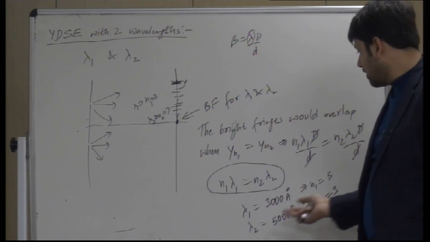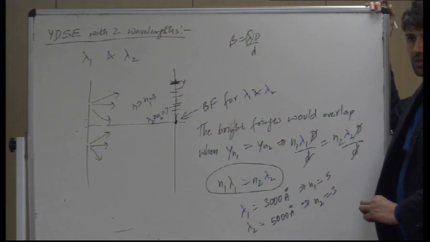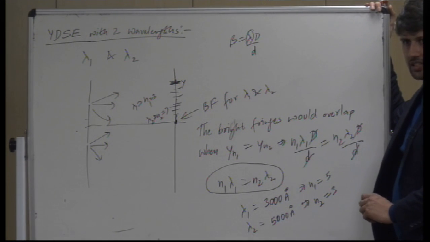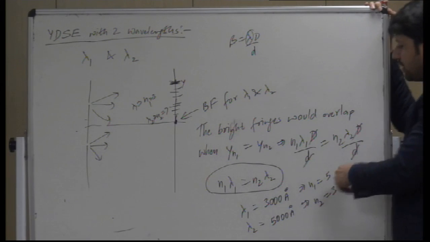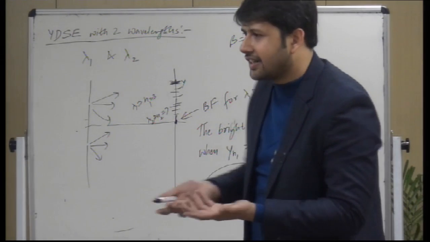Obviously they would overlap. The product should be equal, so you need to search for that number. It's a kind of trial and error thing.